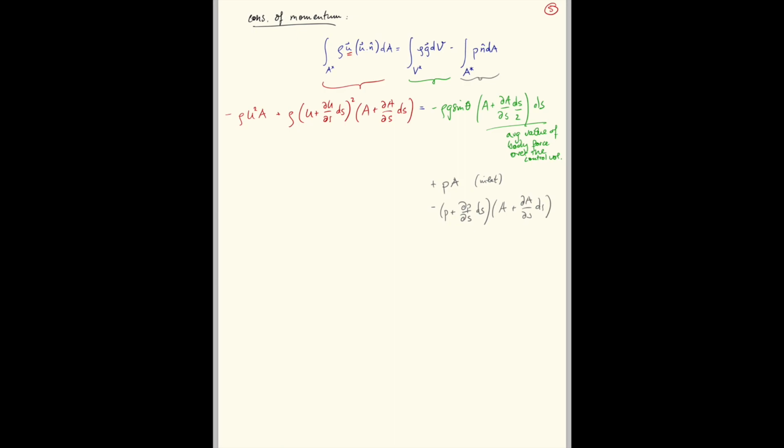So this is outlet, plus the extra term, which is the extra pressure force on the conical surface, which can, to a first approximation, be written as the average pressure over the tube times the difference in areal size, dA ds.